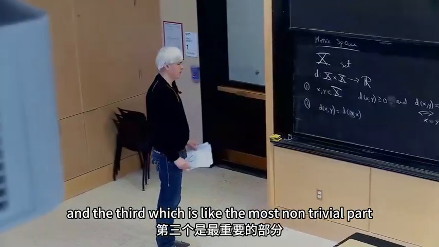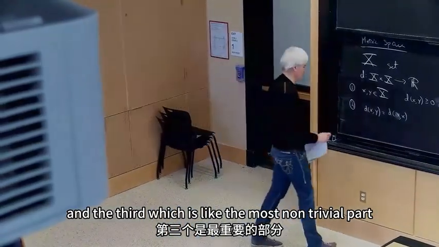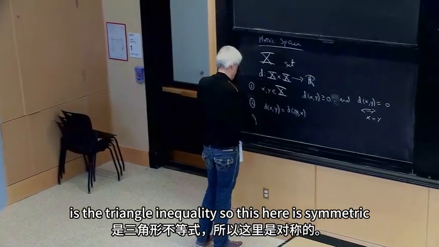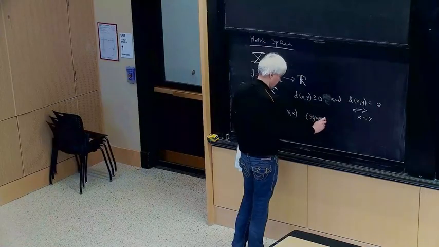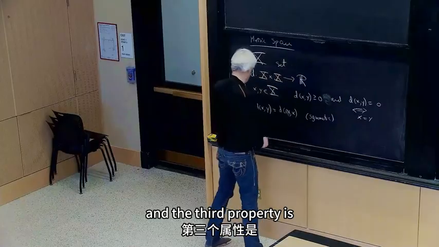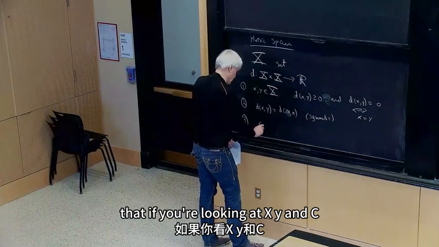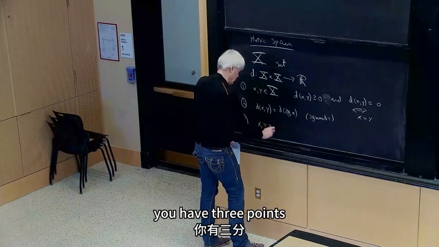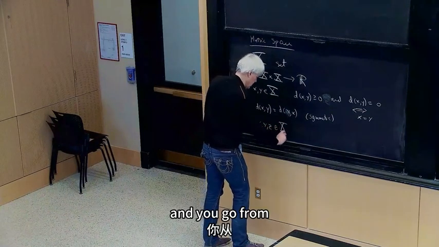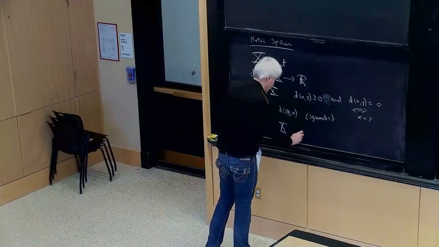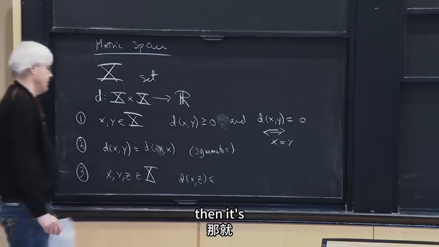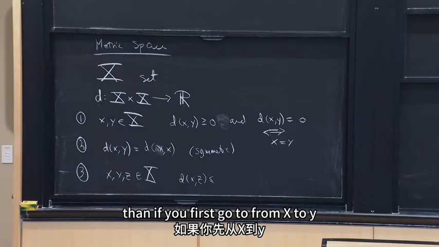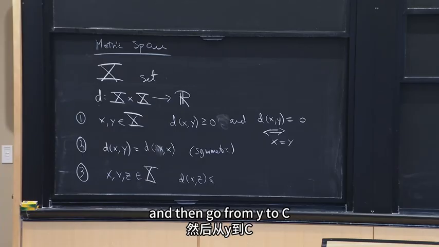Then the third, which is the most non-trivial part, is the triangle inequality. So the third property is that if you're looking at x, y, and z, so you have 3 points, and you go from x to z, then it's certainly not further than if you first go from x to y and then go from y to z, right?